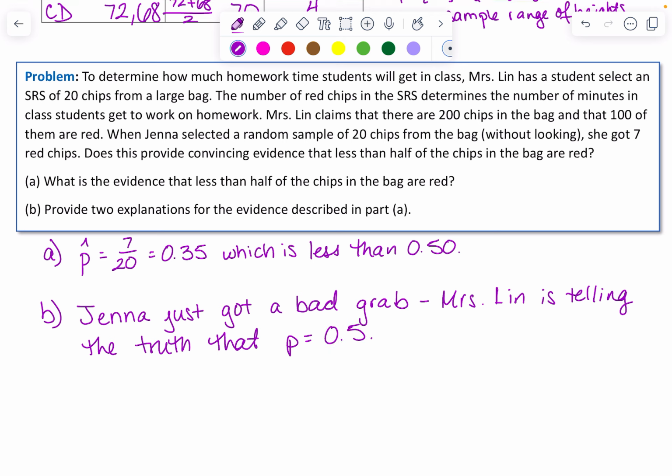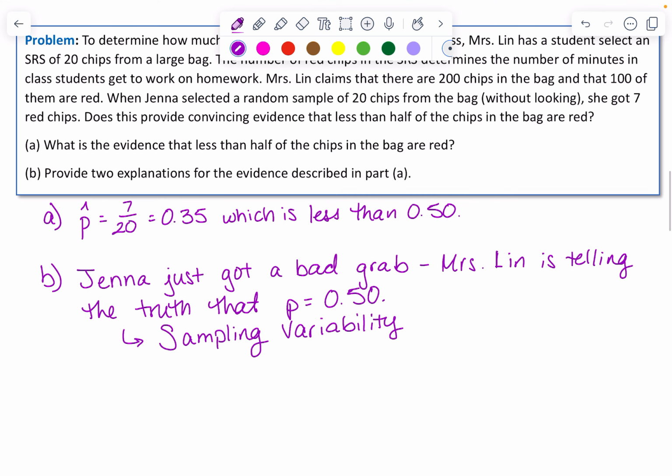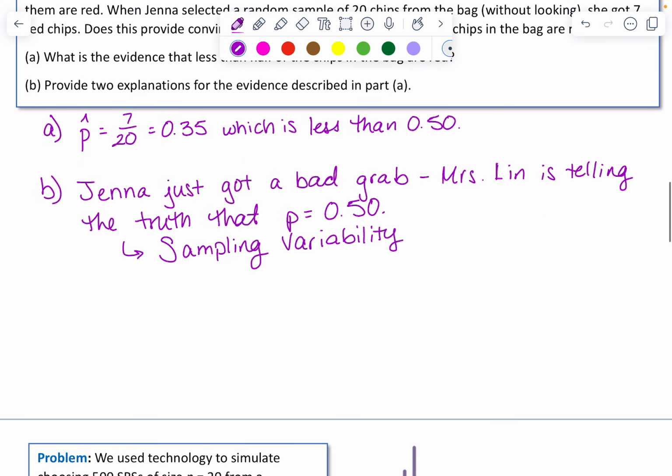Since I'm talking about the population of all 200 chips, this is going to be p, not p hat. Another phrase for this, like she just got a bad grab, is sampling variability. Remember that from earlier? Some people just get a bad grab and won't have the 50-50 we're supposed to have. Some get a good grab and get more than 50% red. That's fine. So this is one reason.